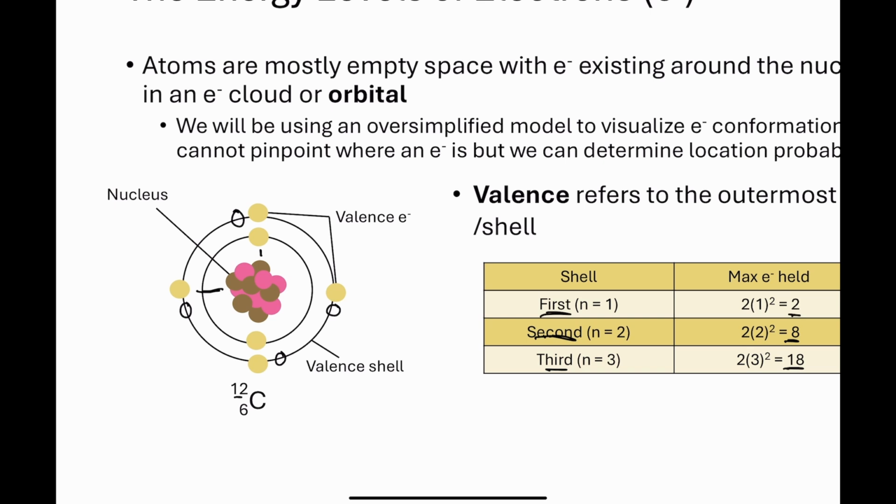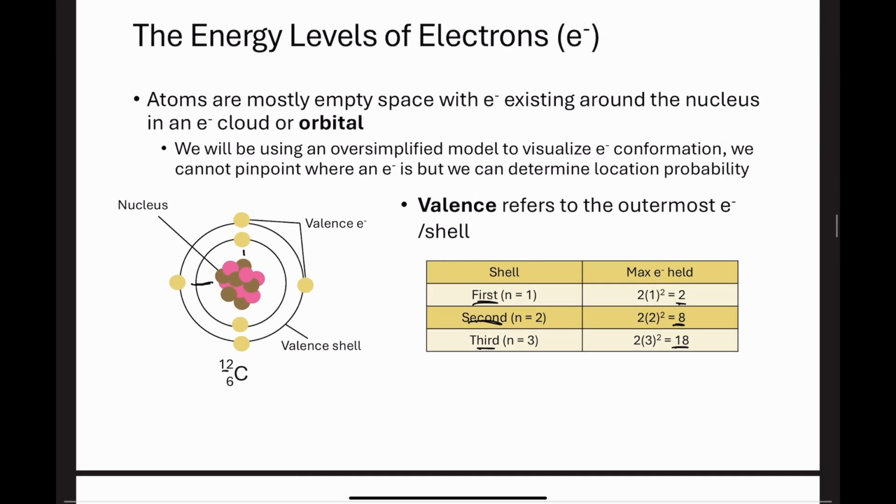In the case of carbon, carbon does not usually donate electrons. It is usually going to share electrons to complete its outermost shell. And the outermost shell and the outermost electrons are referred to as the valence shell and the valence electrons.